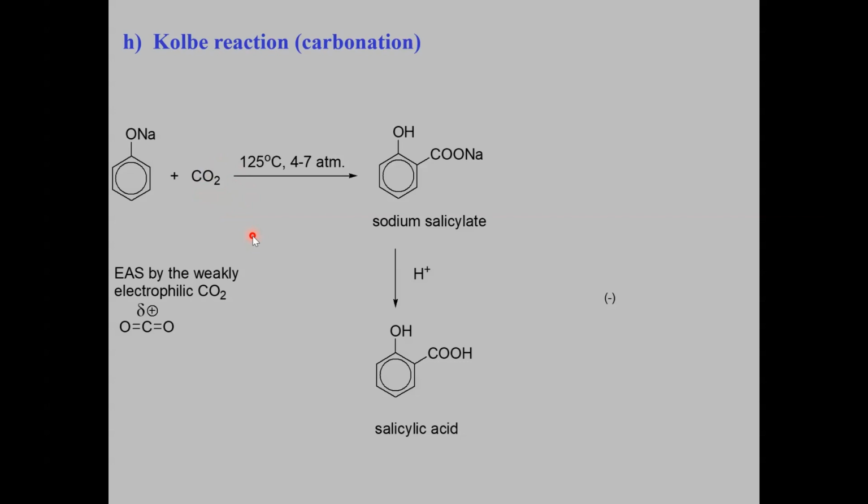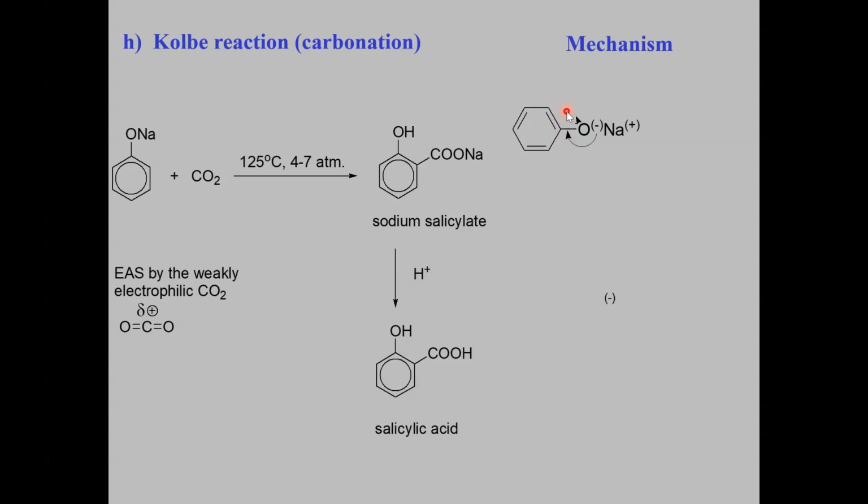Let us look into the mechanism of this reaction. Sodium phenoxide, O minus Na plus. The excess electrons on this O minus are donated to the benzene ring system. The carbon has to maintain its tetravalency for its stability.